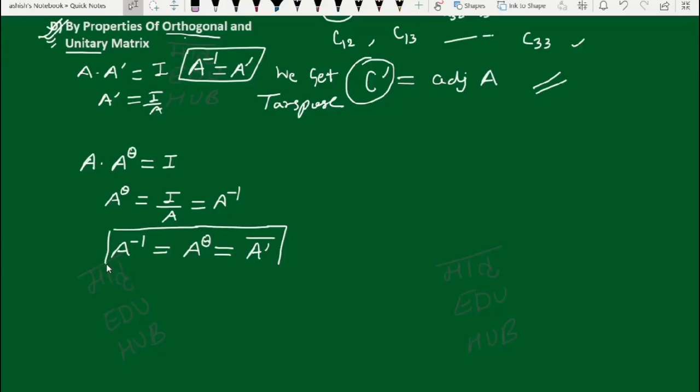So if any question follows the property of unitary matrix, A inverse will equal the transpose conjugate.